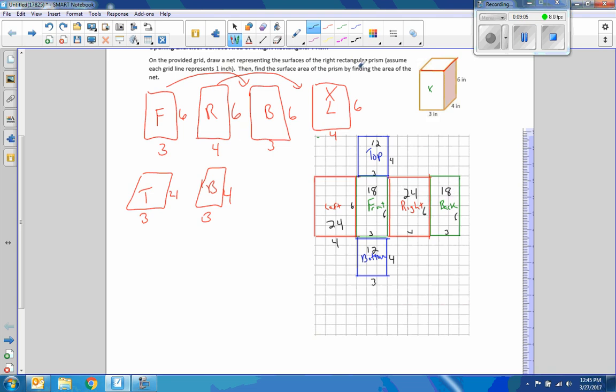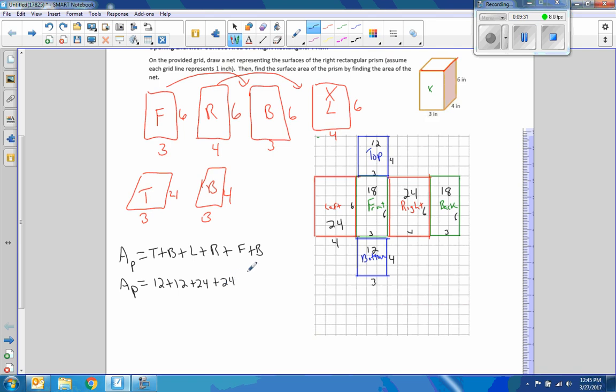So it says find the surface area of the prism by finding the area of the net. So the area of the prism equals the top plus the bottom plus the left plus the right plus the front plus the back. Just showing all of my work. The top was 12. The bottom was 12. The left was 24.